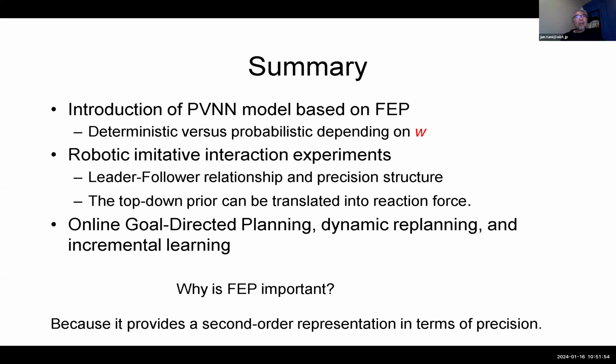But now there is precision, or precision of belief: how correct and certain my predicted value is. That is a kind of second order representation, and it makes things much richer and very useful, especially for robots working in a noisy environment. So that's all for today. Thank you very much.